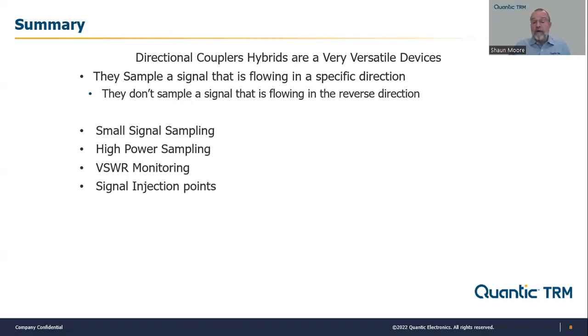Because of that unique ability to split off energy and be sensitive to the direction, there are many things you can do with it. You can use it for sampling signals on transmission lines, both at low power and high power.